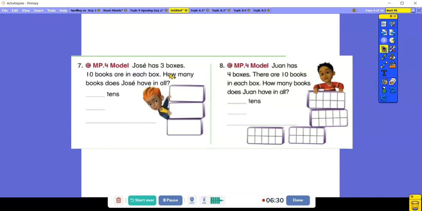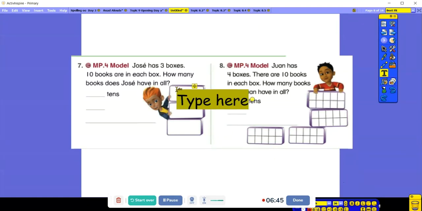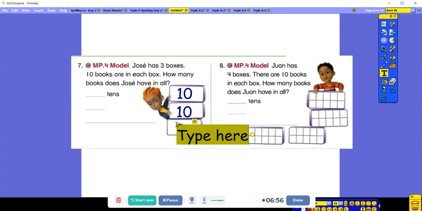I need to find out how many books Jose has in all. When I hear in all, I know that they want me to add them all together. So I'm going to put 10 in each box: 10 in the first box, 10 in the second, and now 10 in the third.